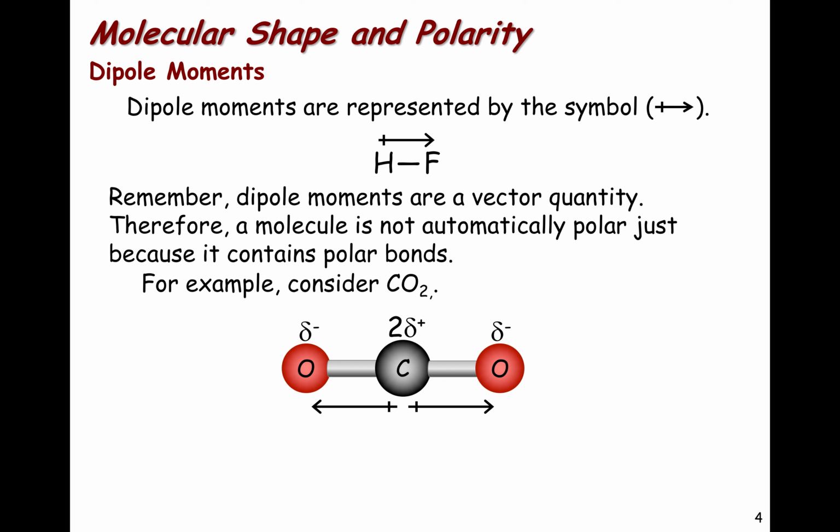And they're exactly the same magnitude or size in terms of the dipole moment for those bonds. So this situation results in a canceling of the overall dipole for the entire molecule.